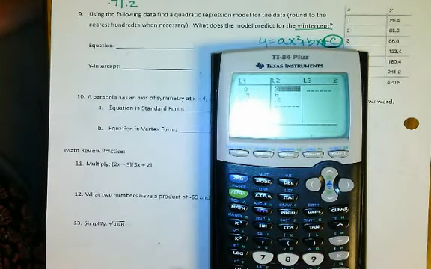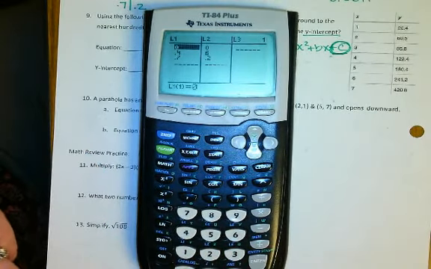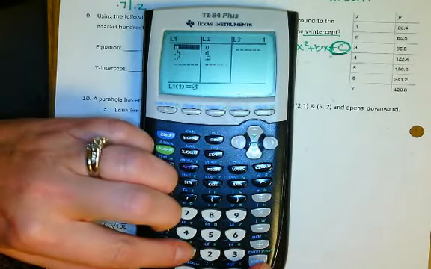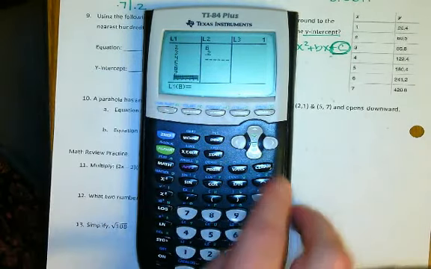Alright, so I'm going to go back to stat edit, and I'm going to type in this table. So it looks like it's just doing 1, 2, 3, 4, 5, 6, 7. So 1, 2, 3, 4, 5, 6, 7.